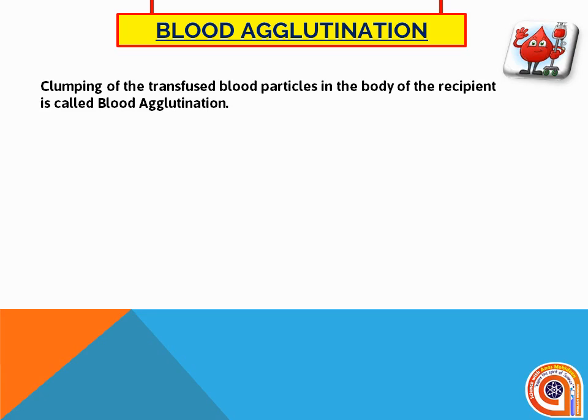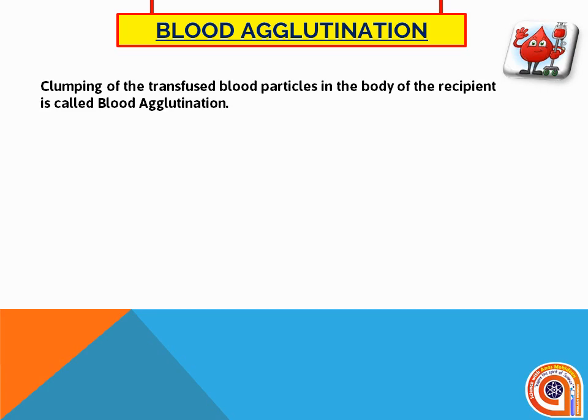For example, blood group A could be donated only to group A and AB. Let's say blood group A has been transfused into a person having blood group B. Now what happens? A and B are not compatible, so the blood inside the recipient's body starts clumping.